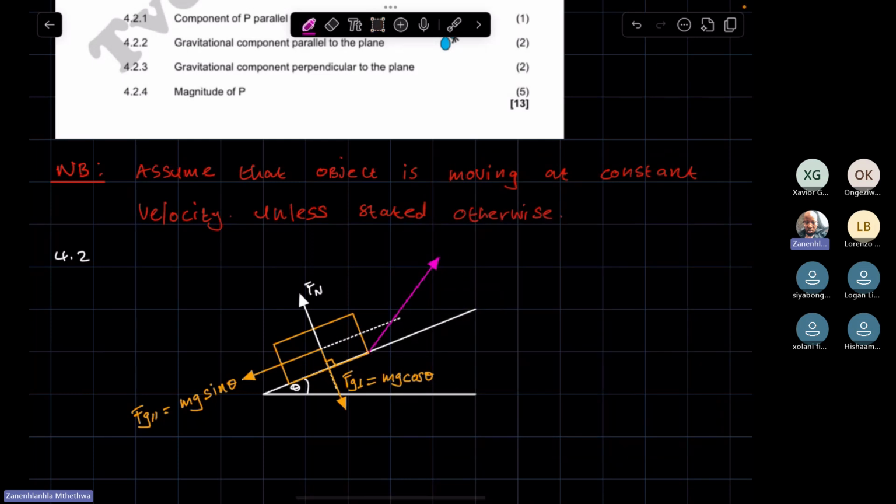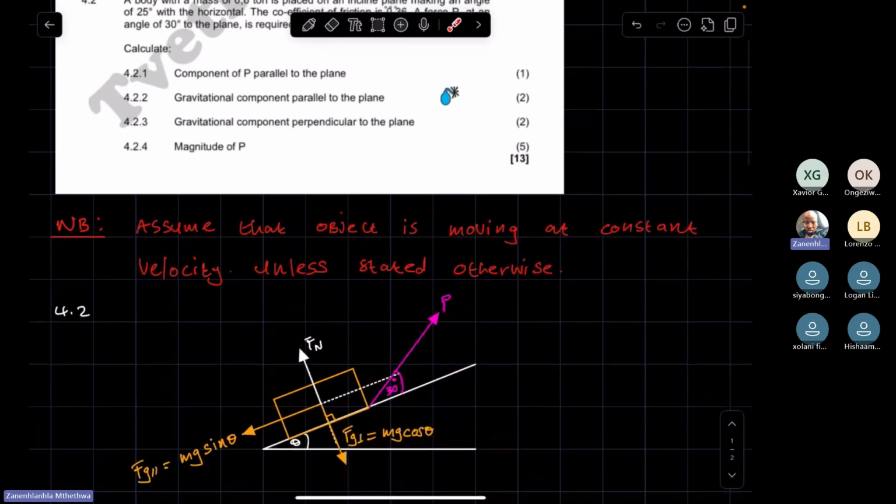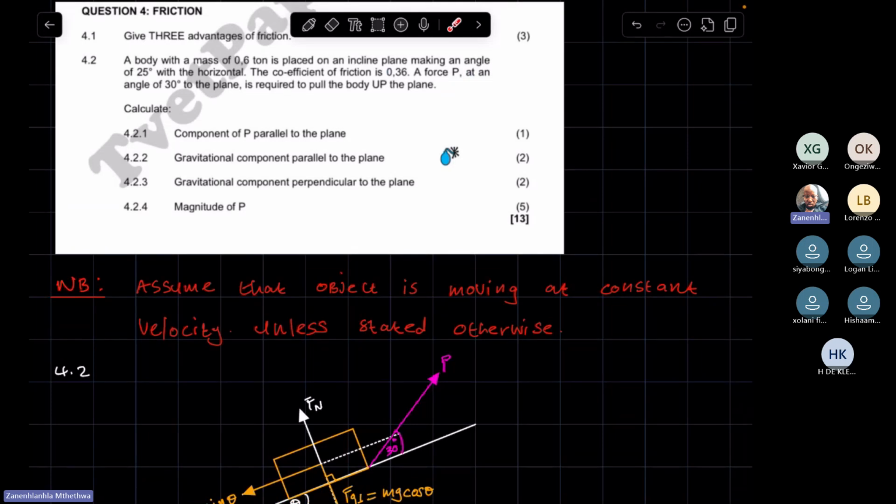That force is force P. That is our applied force, and that force is making an angle of 30 degrees with the plane. What else? Okay, that's it.